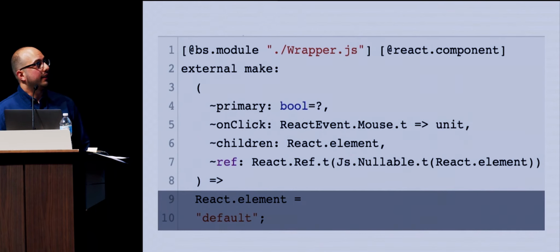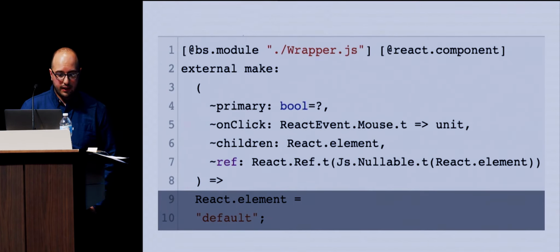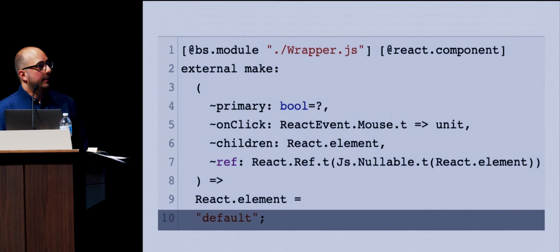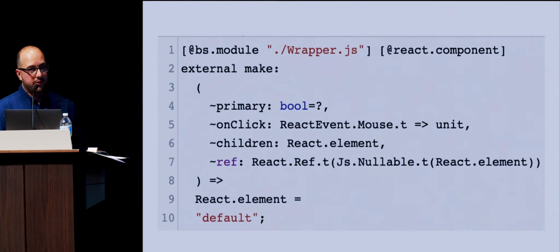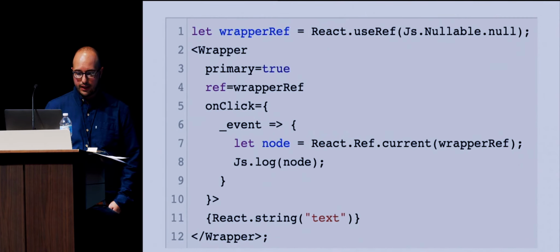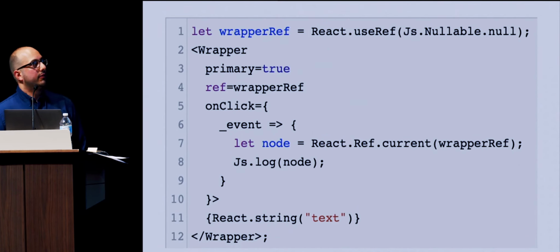And some on-click handler, and we're passing children and a ref as well. This is going to return a React element, and the default string over here just means that we're going to bind to the default export. And then to use this, we just use it like a normal React component, as if we had written it in Reason, which is what we expect.